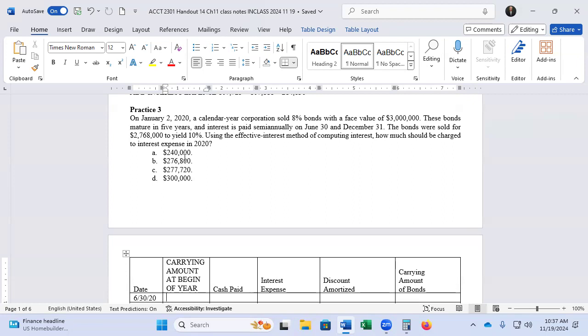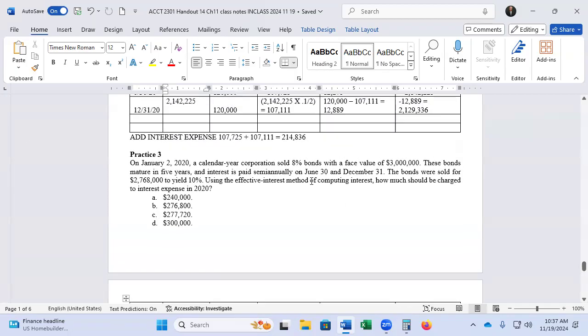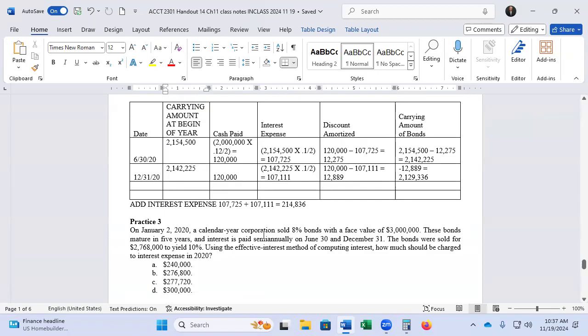You should be trying to make a chart like this for this one. It'll be easier if you just make the chart like this and then plug in the values.